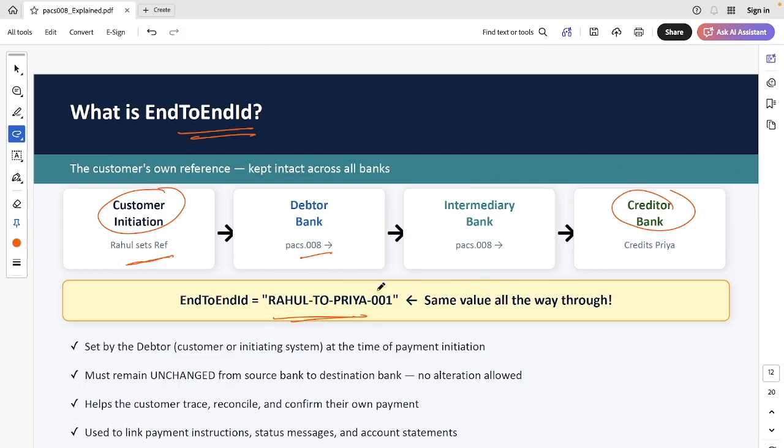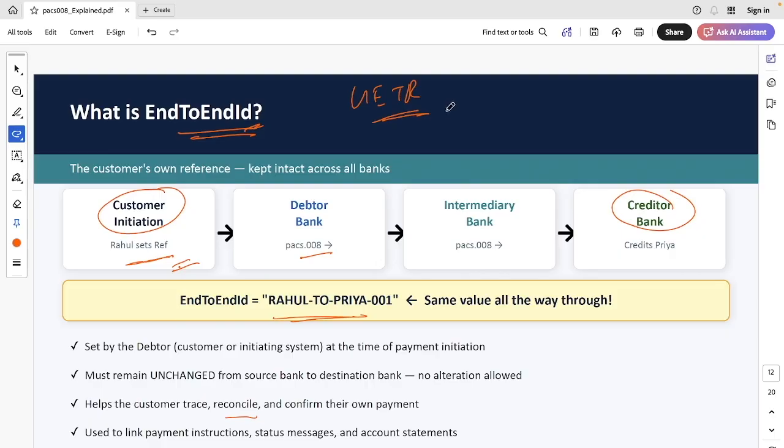In simple words, EndToEndId helps everyone understand that the payment received by Priya's bank is the same payment that Rahul has initiated. EndToEndId is also useful for reconciliation, customer support, investigations, and matching payment status messages. Now do not get confused between the EndToEndId and UETR.